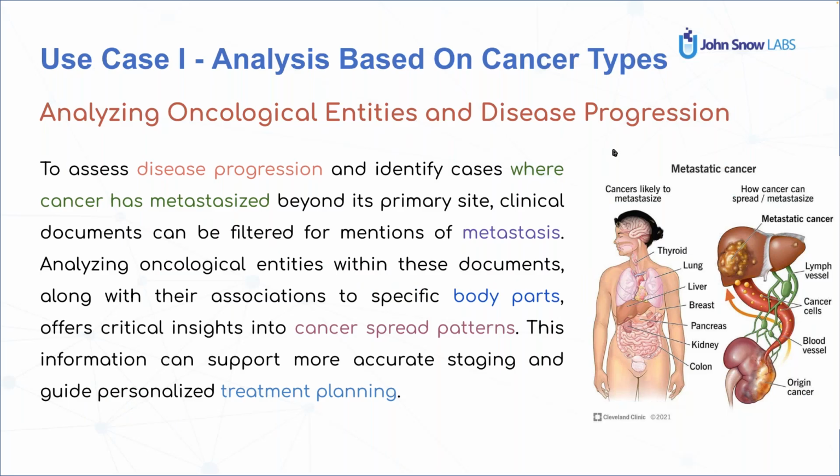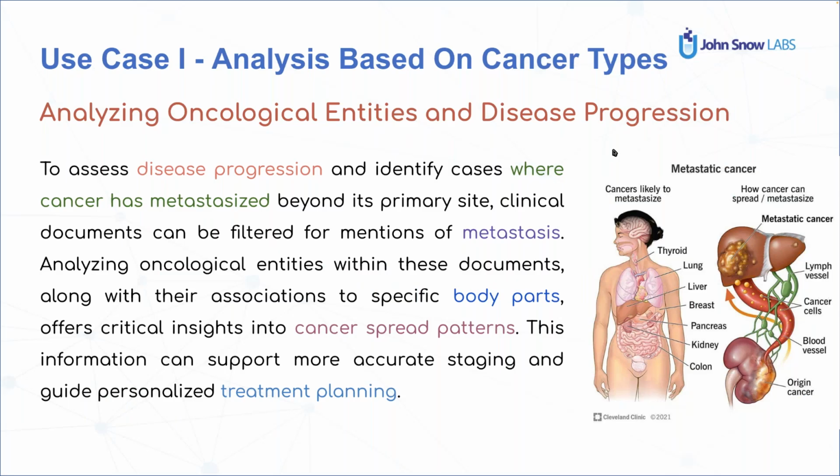Let's assume that you have many clinical documents, you're working in a hospital, and you have many oncological unstructured text datasets, and you want to identify the disease progression for individual treatment planning, and you want to check how the metastasis spreads in cancer patients by using their clinical notes, you want to get some pattern, okay?